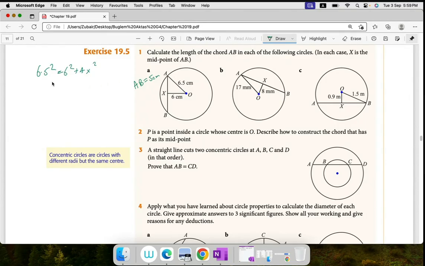6.5 is the hypotenuse. So AX is equal to the square root of 6.5 square minus 6 square. So we get 2.5 for that. AX equals 2.5 and AB is twice of AX. So 5.